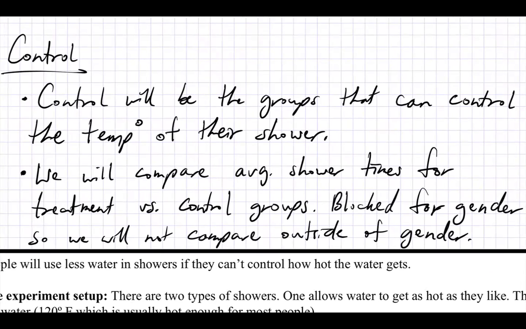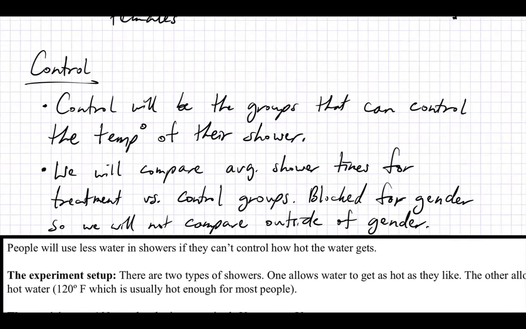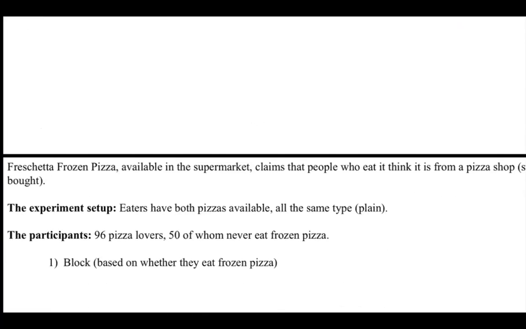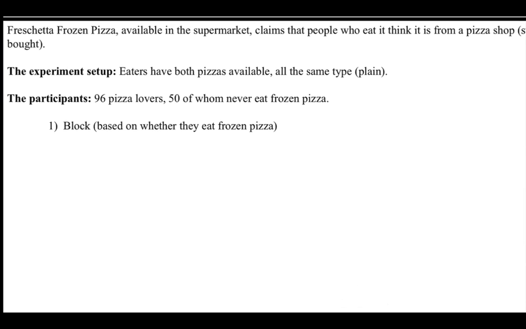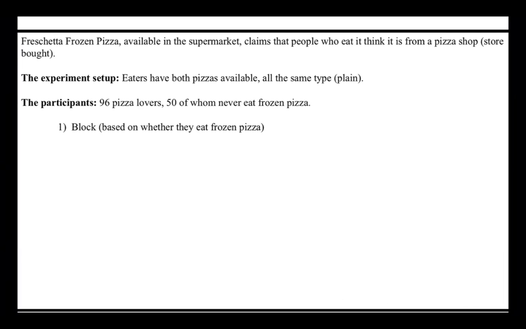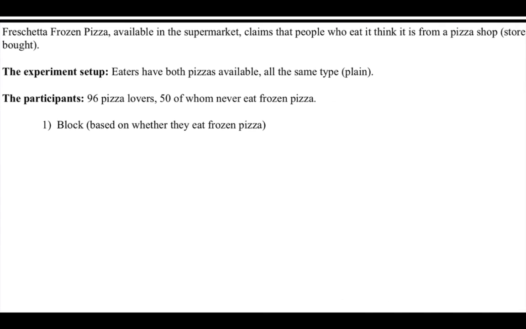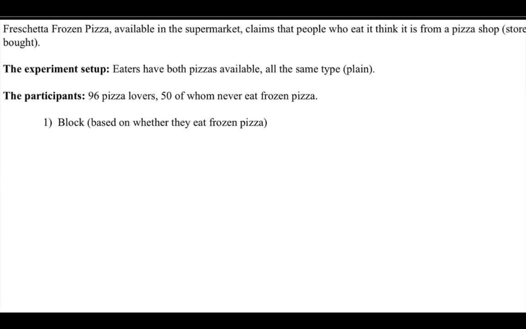Okay, so we got about 11 minutes. Let's see if I can get another one here. So go to the pizza one. Freschetta frozen pizza. It's the one that looks like this, where it says block based on whether they eat frozen pizza. In the last 10 minutes, I want you to set up an experiment for this one.